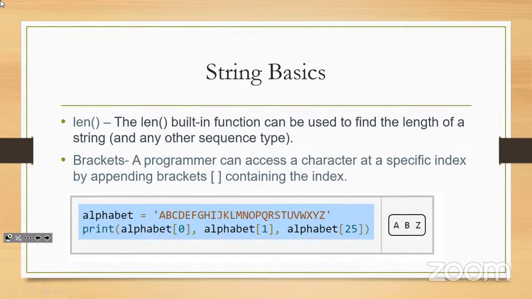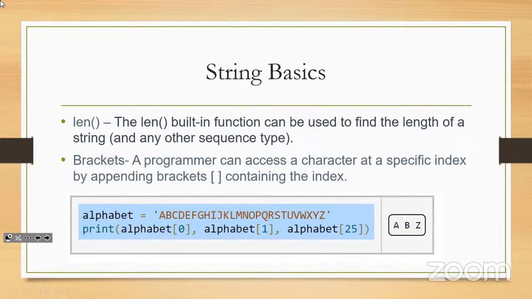This comes in handy when you start doing loops later, and you need it to loop so many times, but you don't necessarily know how long the string is before you get started. You can ask it to tell you when you set up your loop.